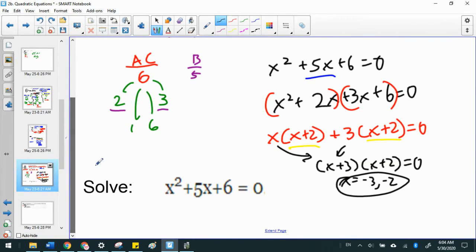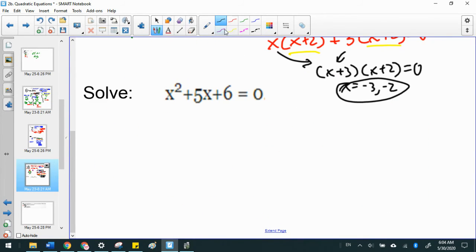The skill I use and teach to work through most quadratic equations by factoring is to use a skill of guessing and checking. Most quadratics are able to split into its factored form, which means I'm going to have a set of parentheses multiplied by another set of parentheses.